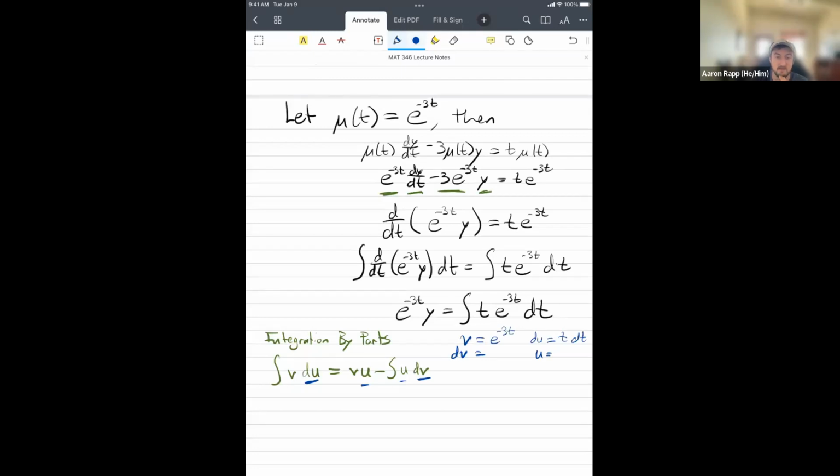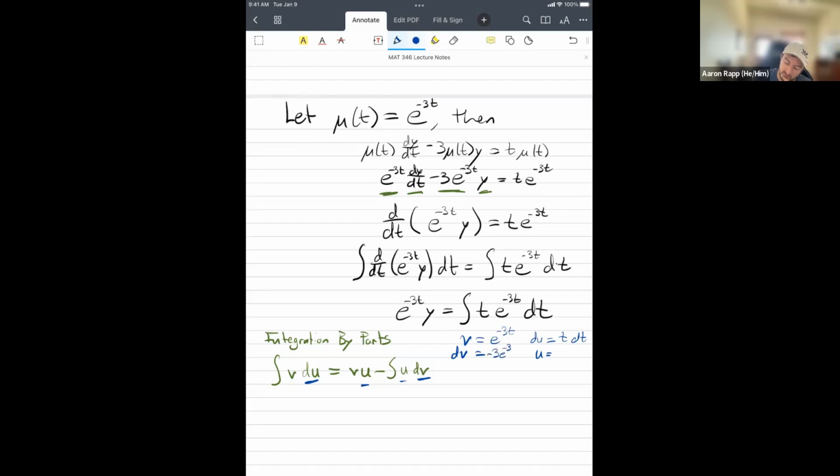So then I take the derivative of e to the negative 3t, and what is that going to be? What is the derivative of e to the negative 3t? Not the same thing, close. Differs slightly.